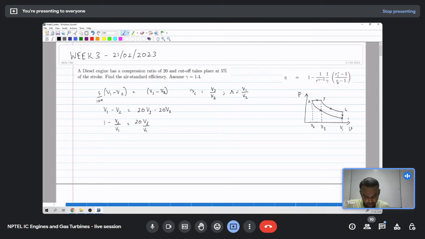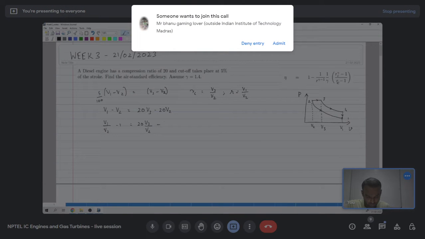Or I think it's better I divide everything by V2 because all the ratios have V2 in the denominator. I will have V1 by V2 minus 1 equal to 20 V3 by V2 minus 20.